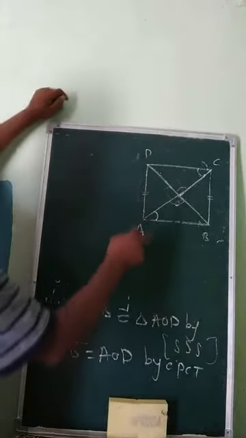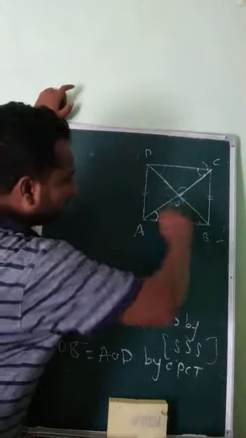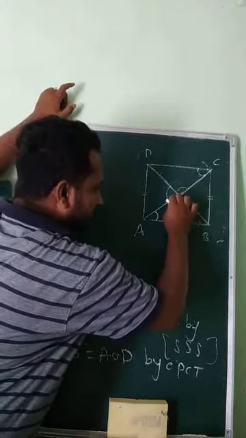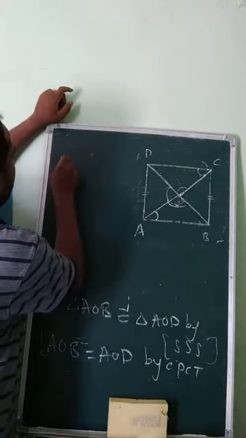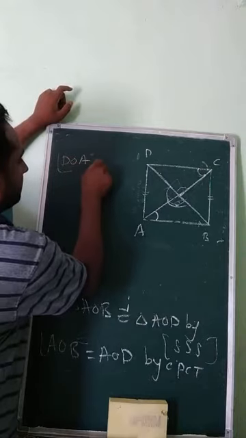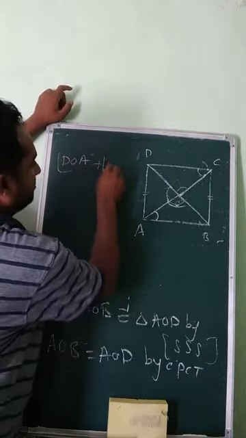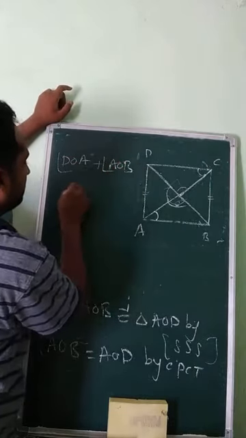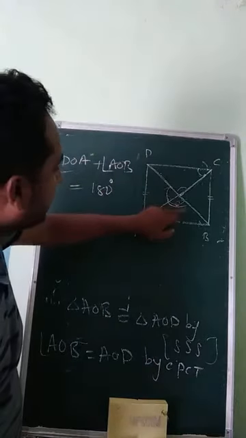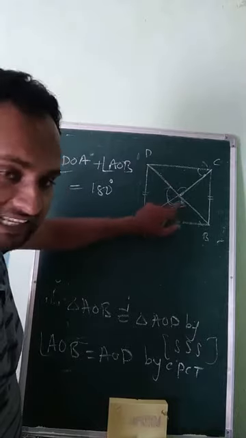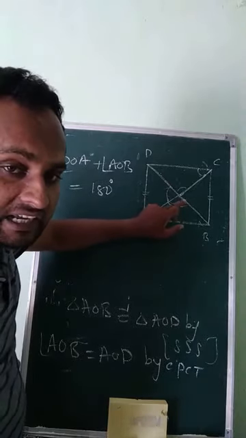Now see that these two angles are equal. Can you tell me the sum of this angle plus this angle, how much it gives? Yes, very good. Angle BOA plus angle AOB is equal to how much? 180 degrees, because of the linear pair or straight angle.